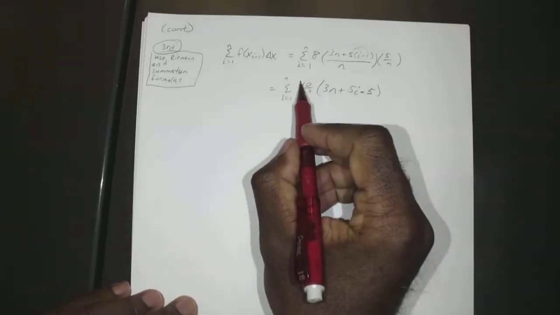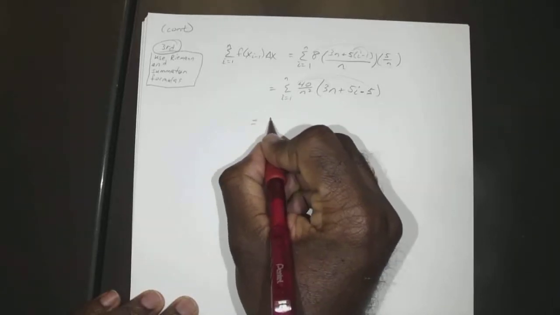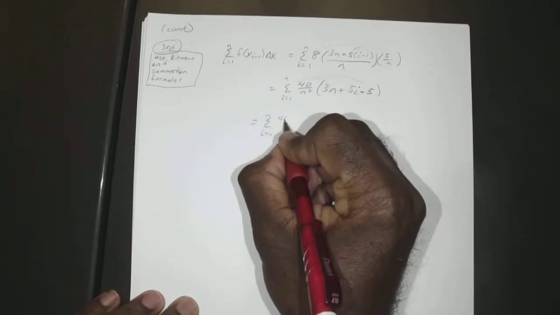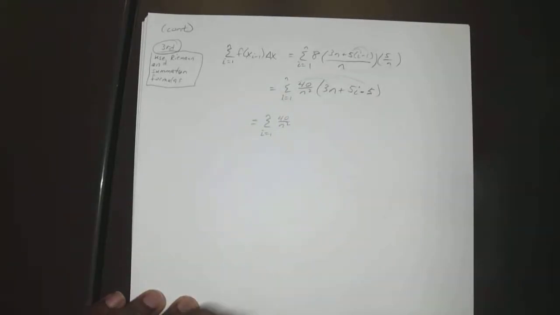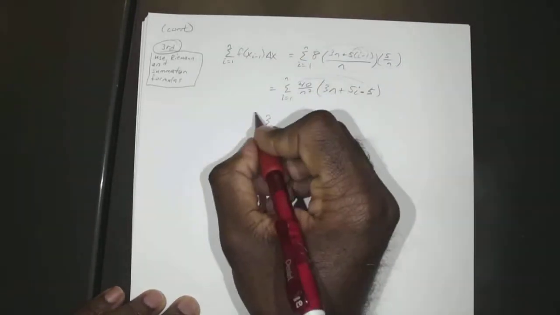So now we distribute our summation. So you have the sum from i equals 1 to n of 40 over n squared. Oh, actually, we can bring the 40 over n squared and leave it out there since we're only changing the i's.